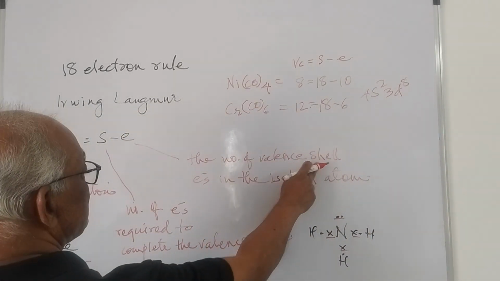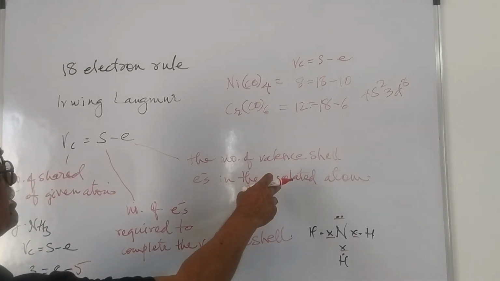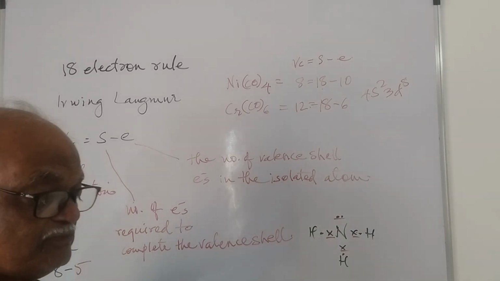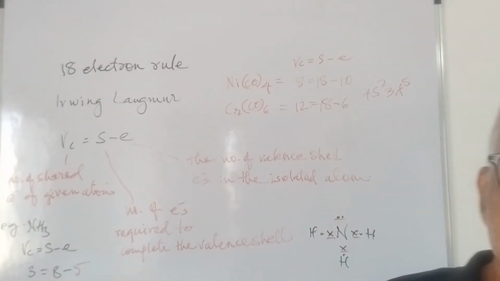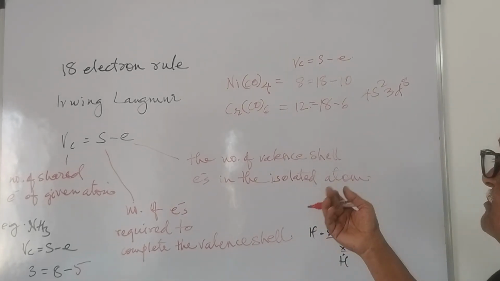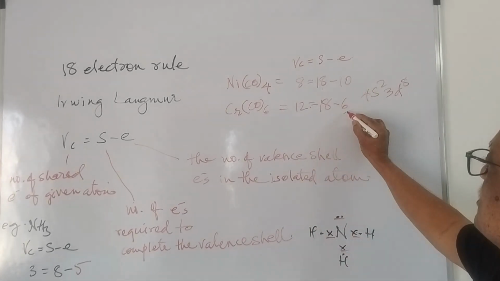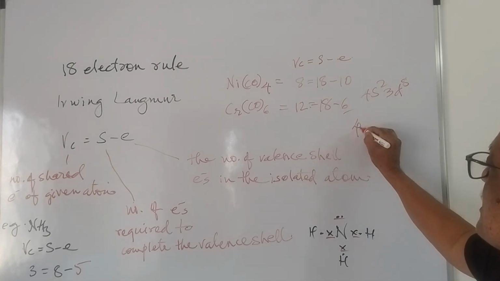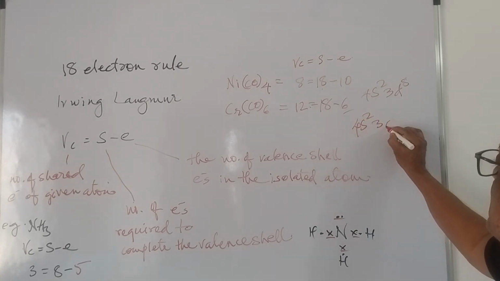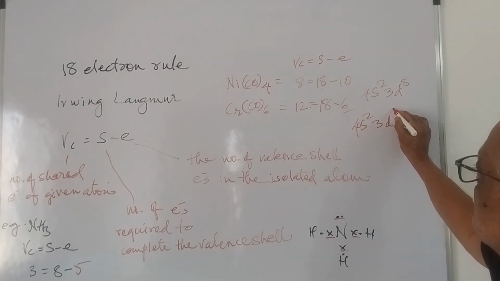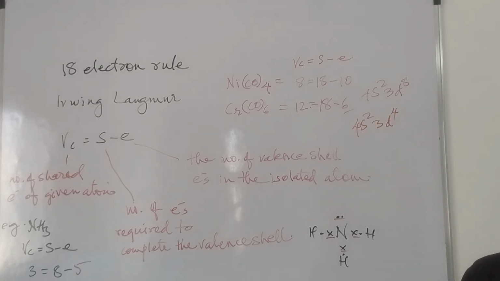The number of valence electrons in the isolated atom is 6: scandium, titanium, vanadium, chromium, 4, plus s electrons 2, that is 4s2 3d4. So from this you will understand the use of this equation.